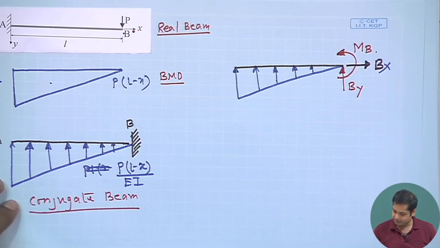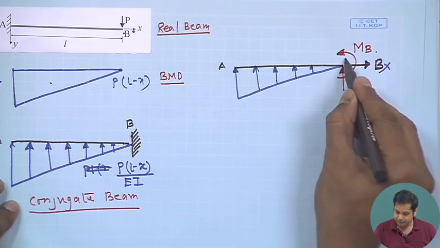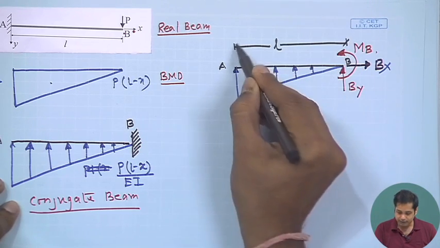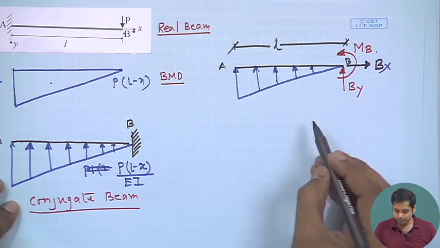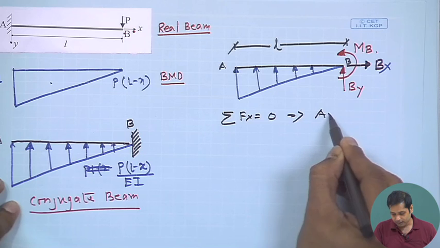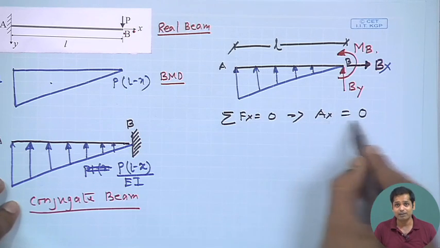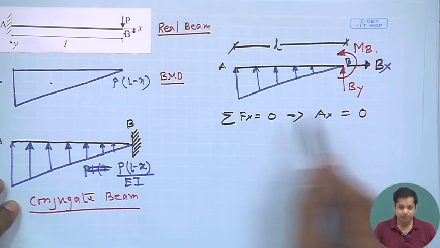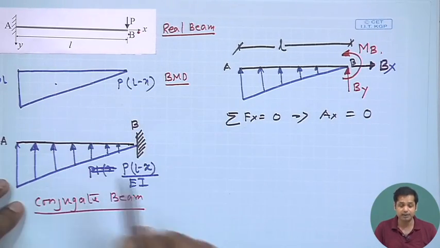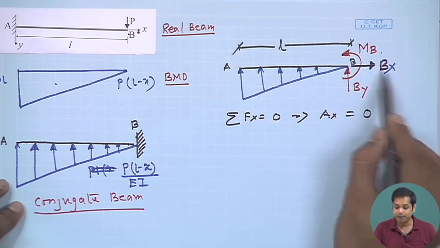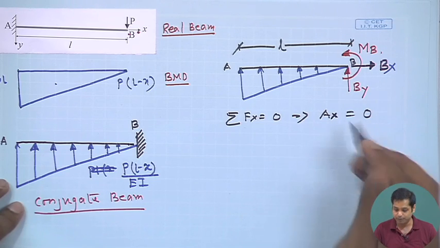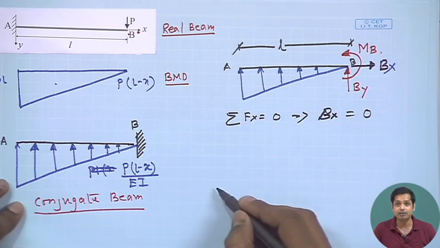And this is A and this is B, and this length is L. Now, apply summation of Fx equal to 0. You may skip this step, because just by looking at this problem we can say there is no horizontal force here, and the support condition is also such that the horizontal reaction Bx will be 0, but just for completeness I am writing it: Bx is equal to 0.